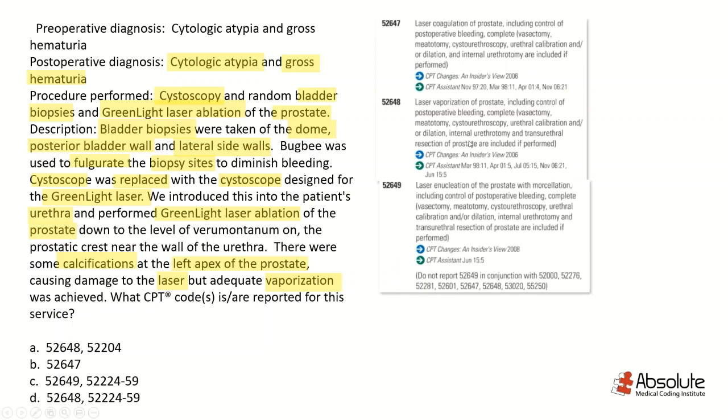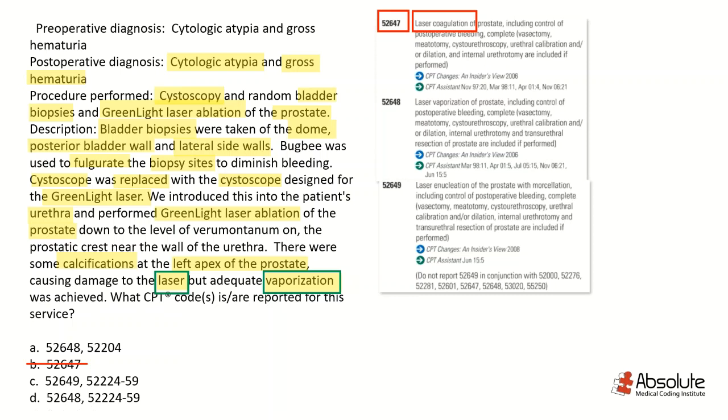So let's hop to it. We have code 52647. This is for laser coagulation of the prostate. We had laser vaporization. Even when we have all of this stuff going on, the key words are your guideposts to help pivot you to where you need to go. We did not have laser coagulation, so we can get rid of code 52647.